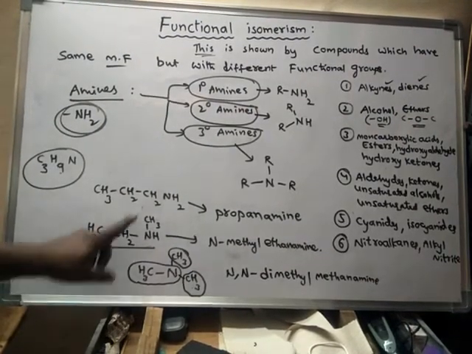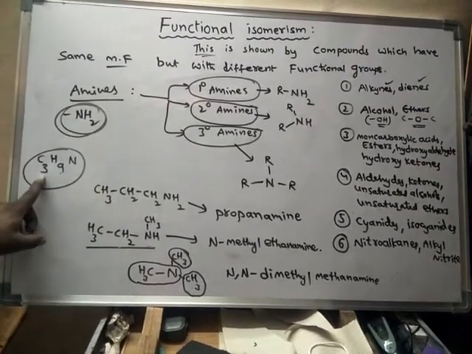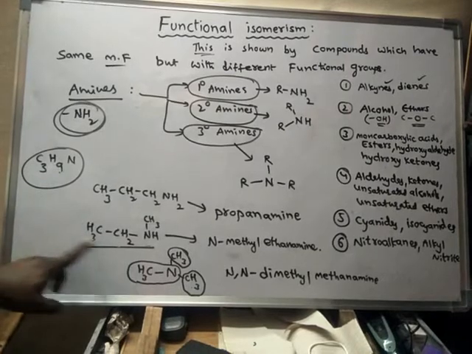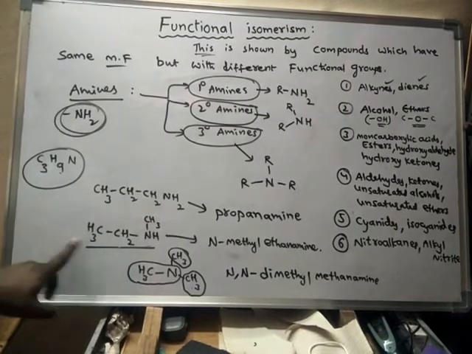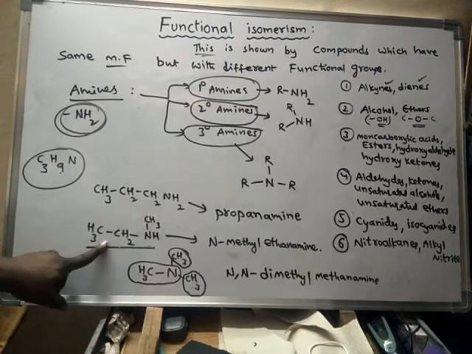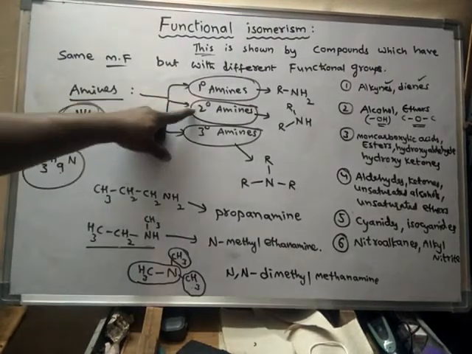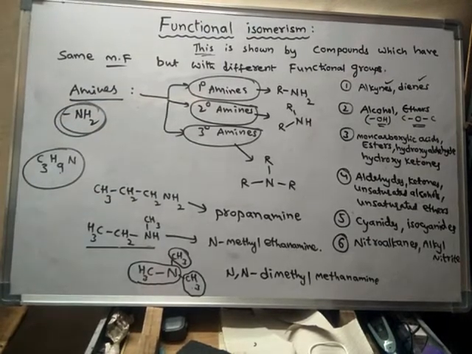So these three are different compounds, but they have the same molecular formula, and they are amines. This is a primary amine, this is a secondary amine, this is a tertiary amine. Primary, secondary, and tertiary amines are said to be functional isomers to each other. Remember, they are functional isomers.